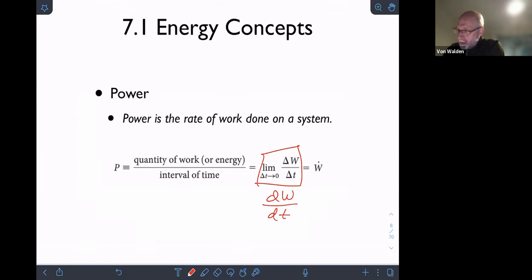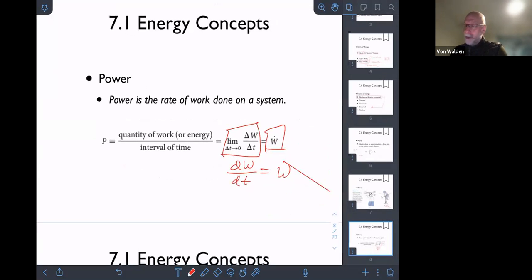So this power becomes the rate at which the work or energy is consumed. This notation of W dot is going to be important because this shows up in the derivation of the energy equation. There are a number of terms that are going to have dots over them, and what that means is that that's a time derivative.